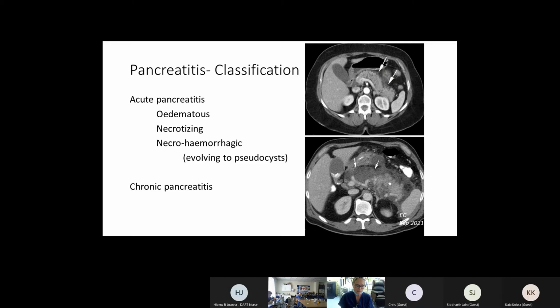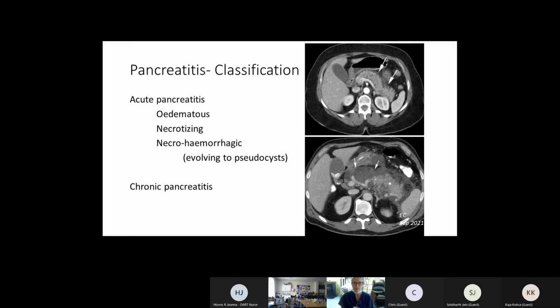Now, about the classification. The classification has to do with the presentation, the image presentation of the pancreatitis. Of course, we can have acute pancreatitis and chronic pancreatitis. We're not going to speak about chronic pancreatitis, but we know that an acute pancreatitis can evolve to a chronic one.